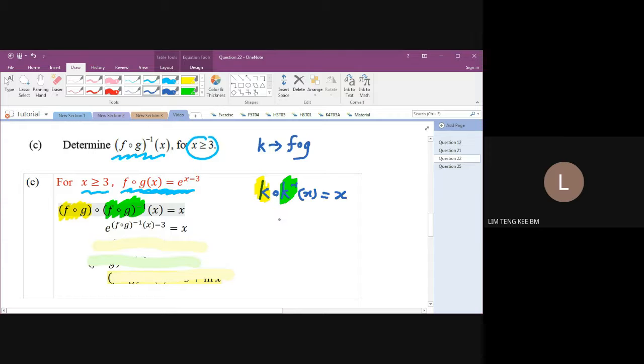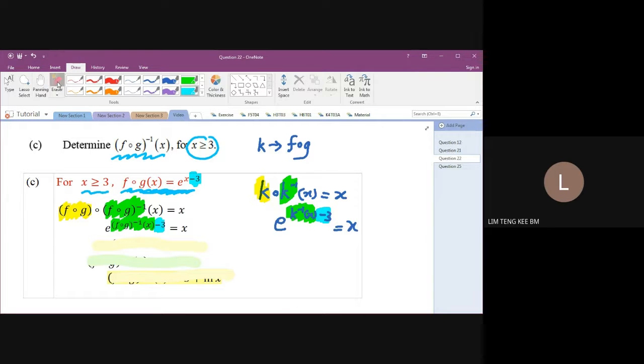So what I have now is e to the power of k inverse x minus 3 equals x. And once again, you observe the k inverse that I highlight. Then the minus 3 is originally inside the question.